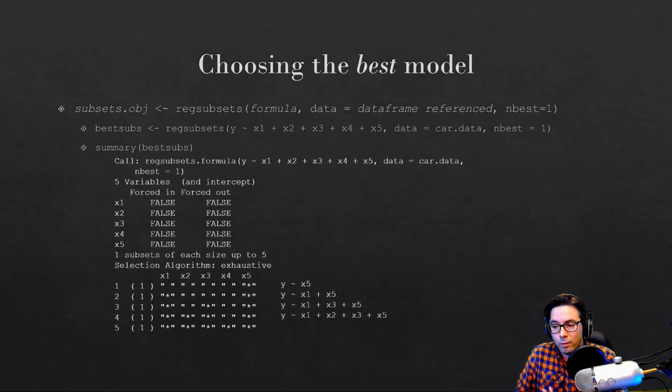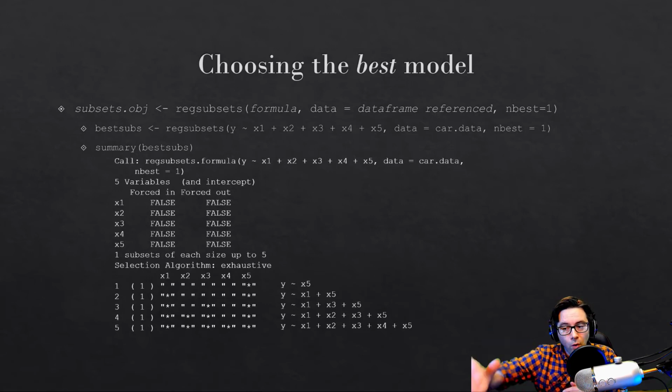Model 4 would be X1, X2, X3, X5. And the best one with all of them would be all of them, right? So that's where it picked. What it just did was pick the best single predictor, the best 2 predictors, the best 3 predictors, the best 4 predictors, and the best 5 predictors out of 5 predictors. And so it tested all those different combinations to give you those values.